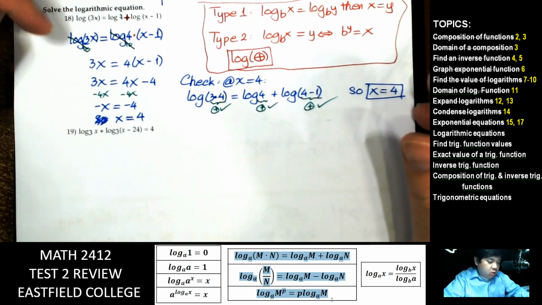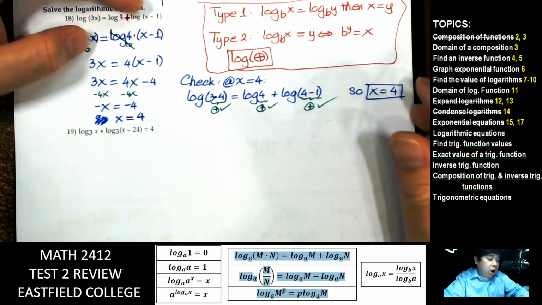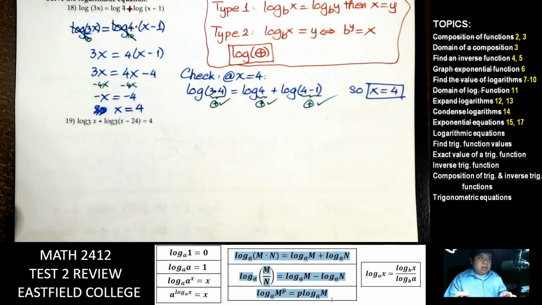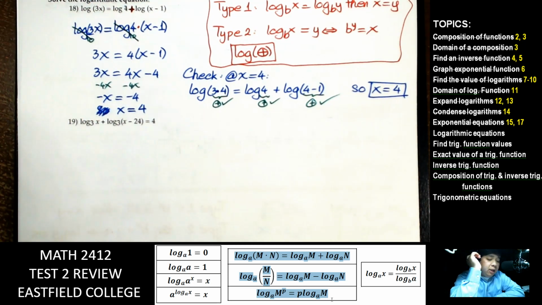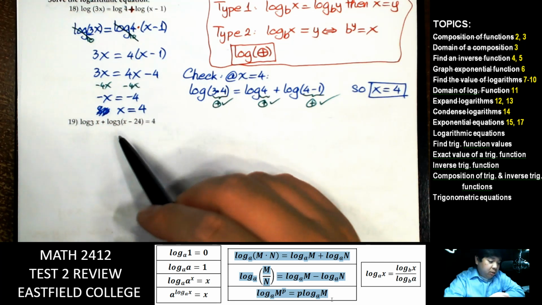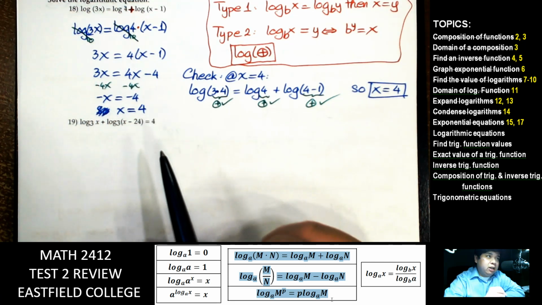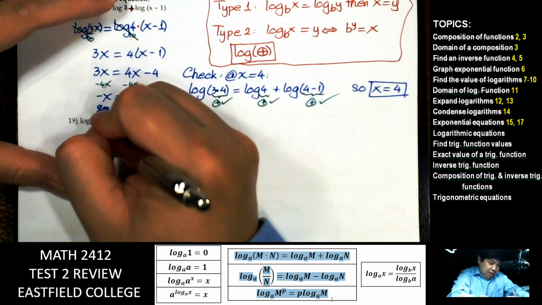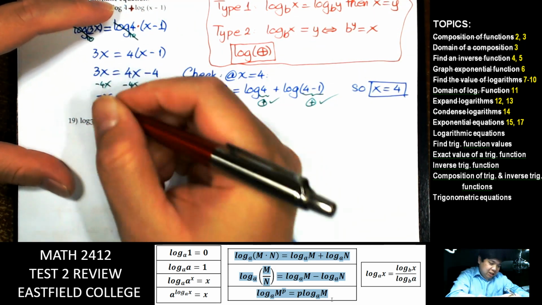Right. So that is where we have logs everywhere. In that case we have one log on each side, and we make them equal because the bases are the same. This problem we cannot do that simply because we have the 4 by itself here. Instead, first we have the plus sign here.